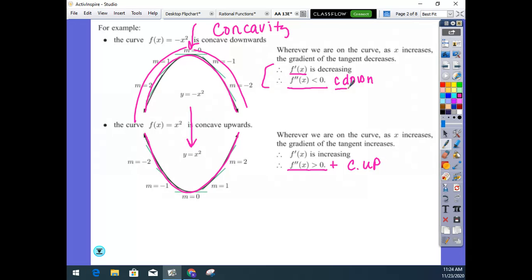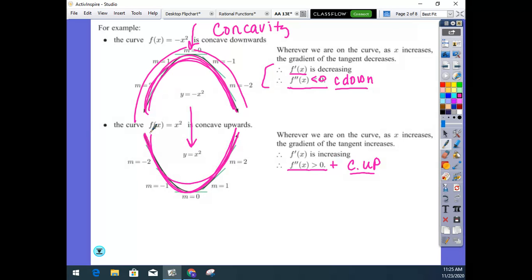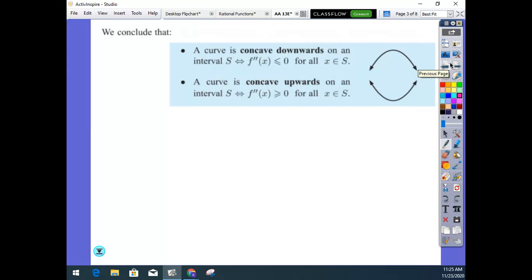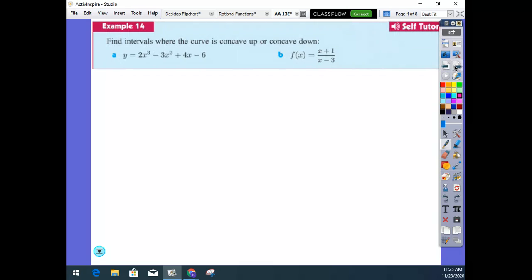So sometimes we just say down and cup. So first derivative negative, less than 0, upside down. Second derivative positive, up, right side up, concave up. All right. So this kind of says everything. So maybe this is a better way to conclude it. I just kind of was rambling, I guess.